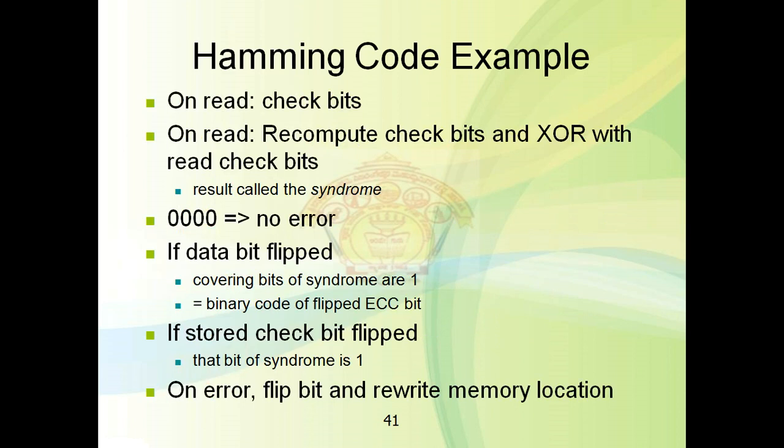Now we will see how to detect the error and how to correct the error. First read the check bits from the ECC word. Then from the received data bits, that is from the received ECC word, you can once again recompute the check bits.